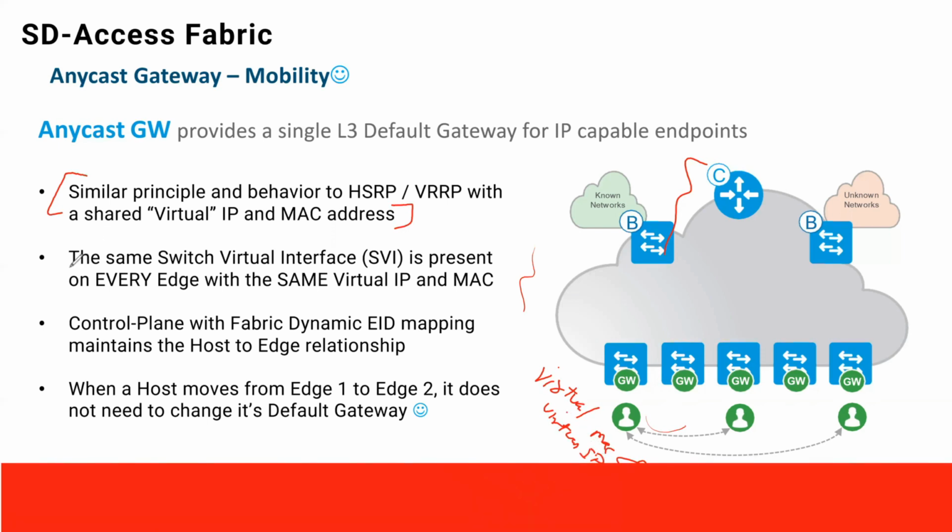So the same switch virtual interface, the SVI, is present on every edge for mobility purposes, so that if the users switch their location from one floor to another, or from one access point to another, they'll have the same level of experience because of this feature. Because in traditional networks, if this gateway was present only here, you have to get the traffic to the core switch and then it would get out. But here, it is on every specific edge node.